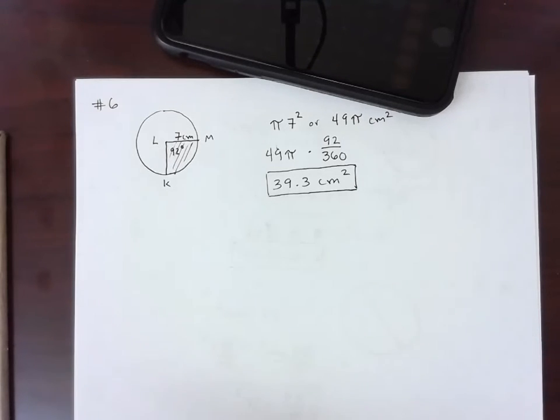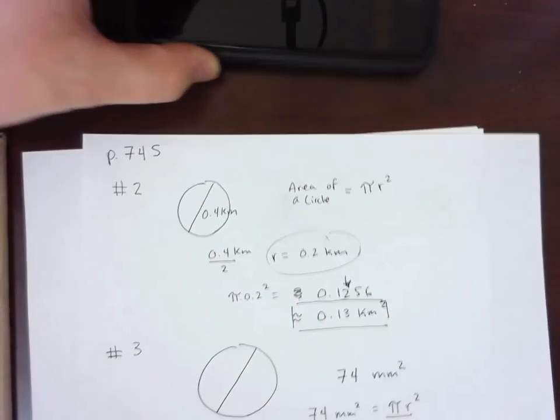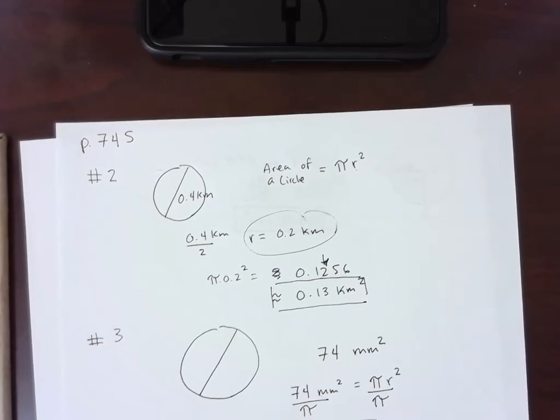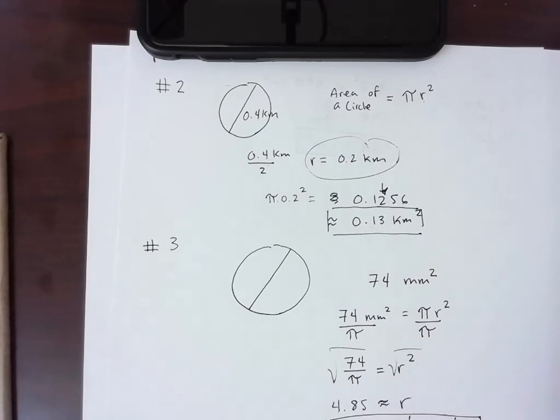You're doing questions 8 through 25, and between those 4 examples, you should be good. Remember our area of a circle, and then with the sections of the pie, you're still going to figure out the area of the whole circle, but you're going to multiply that by the portion that it is.